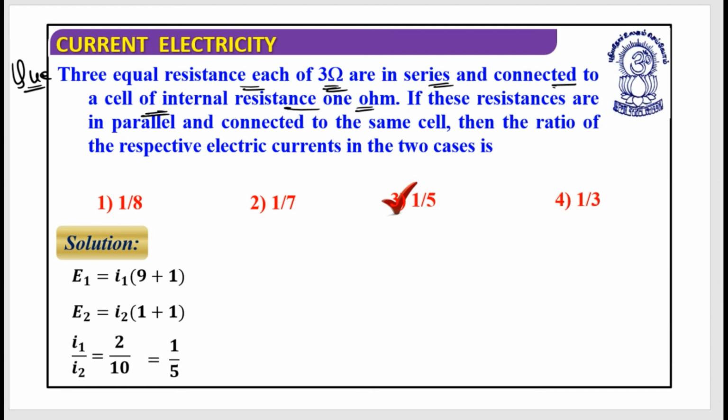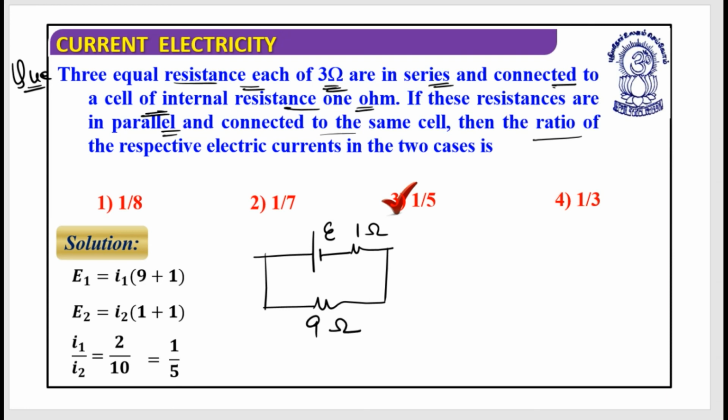If these resistances are in parallel and connected to the same cell, then find the ratio of the respective electric currents in the two cases. Yes, the situation: 3 equal resistances each of 3 ohm connected to a cell. This is E, this is its internal resistance of 1 ohm, and if they are connected in series, it would be 9 ohm, 3 plus 3 plus 3.